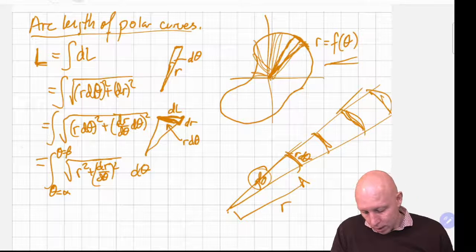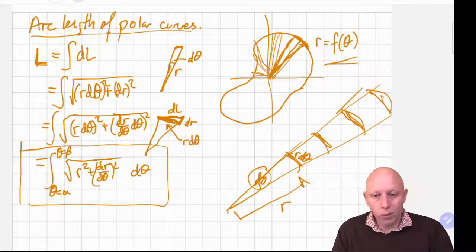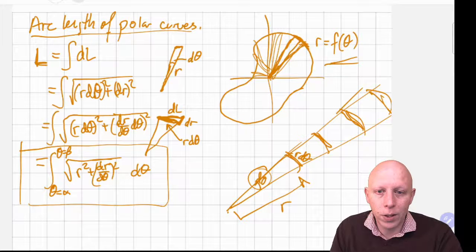And so we get this equation for the arc length of a polar curve.